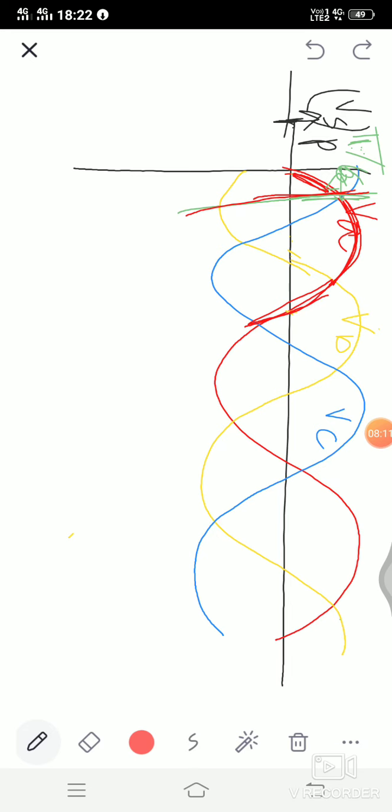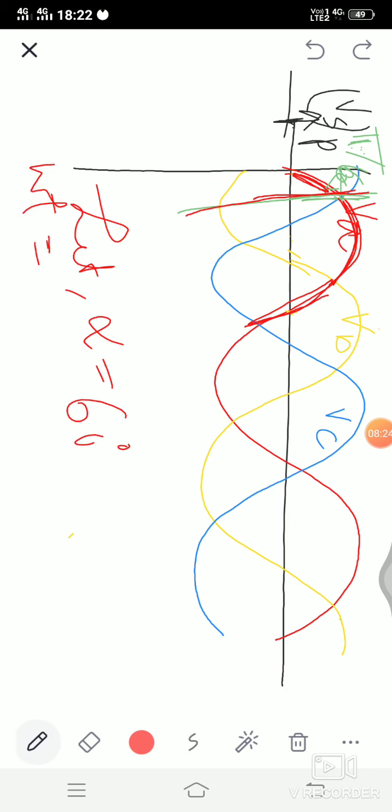So let us assume alpha in this case is your 60 degree. So alpha means firing angle. So what will be our omega t in this case? Pi by 6 plus pi by 6 means 30 degree plus 60 degrees.